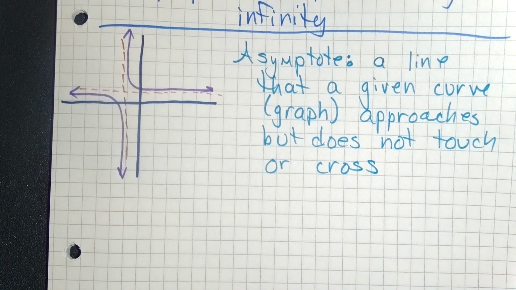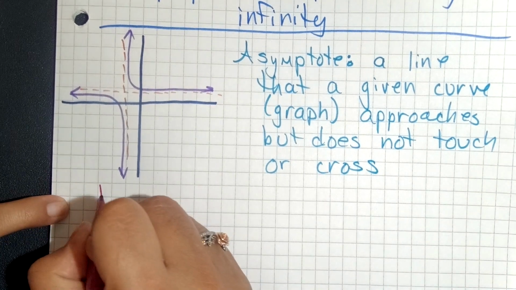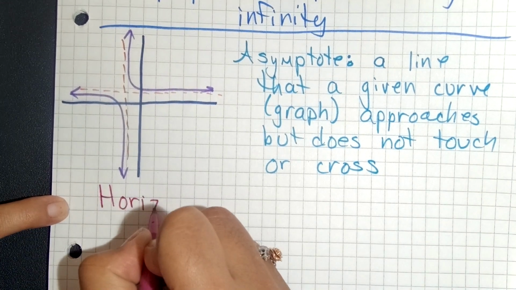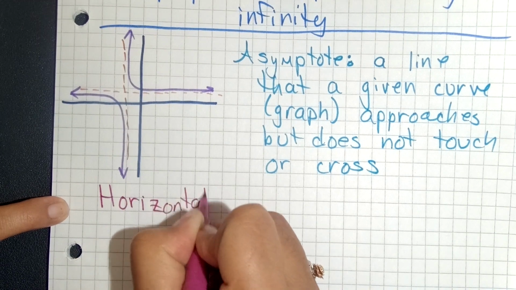So we have two specific asymptotes. The first one we have is horizontal asymptote.